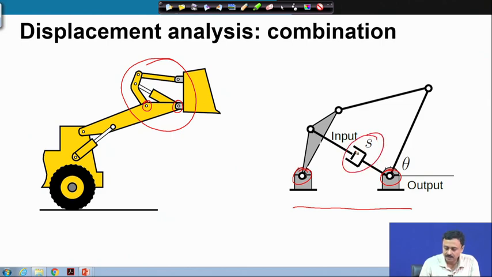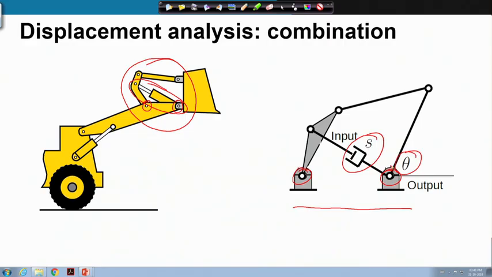S, this throw of this actuator, which is represented by this prismatic actuator, gives us the input, and the bin angle represented by theta is the output. Suppose I want to find out theta given S, which is the forward kinematic problem, or I can ask the reverse question, given theta what should be the throw of the actuator.